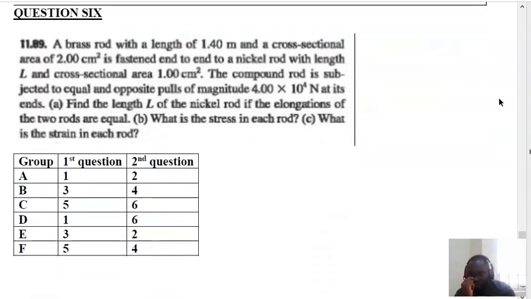So since we are in group A to F, I only want us to answer 2 questions. That means each of us. So all of us in group A, we have to do this individually, not group work. Question 1 and 2.